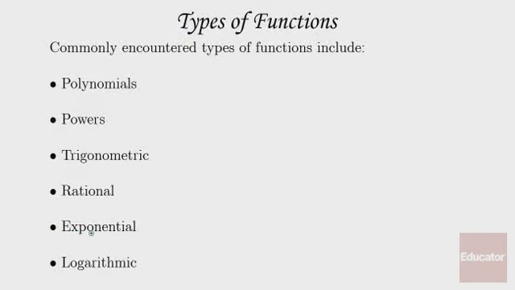So as you go through your calculus course, you're going to be working with quite a number of different types of functions. And so I'd like to briefly review what these types of functions are. A polynomial would look like a sum of powers of x multiplied by different coefficients. Just as an example, we could have something like 3x to the 5th minus 7x squared plus x minus 2.